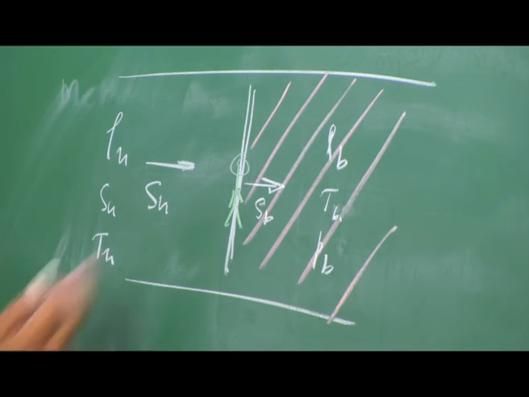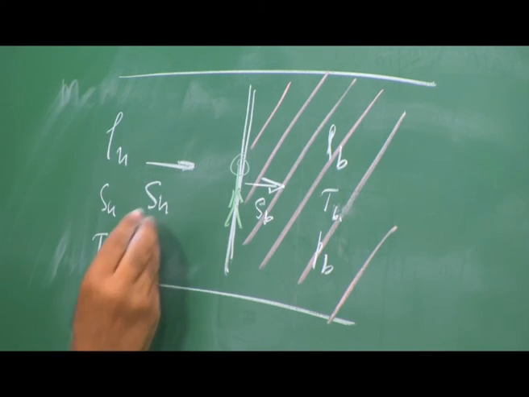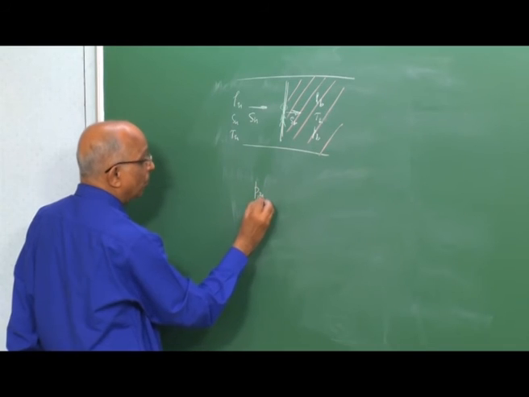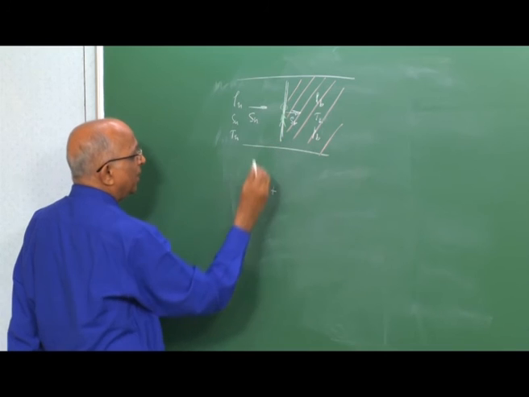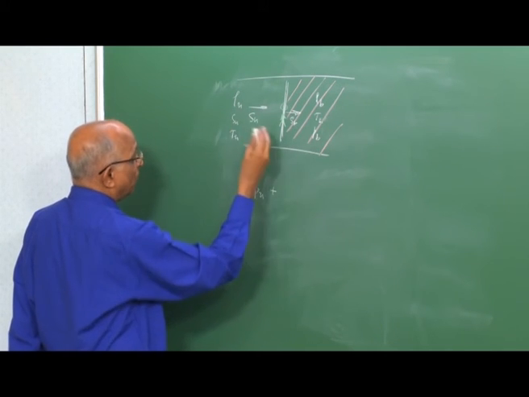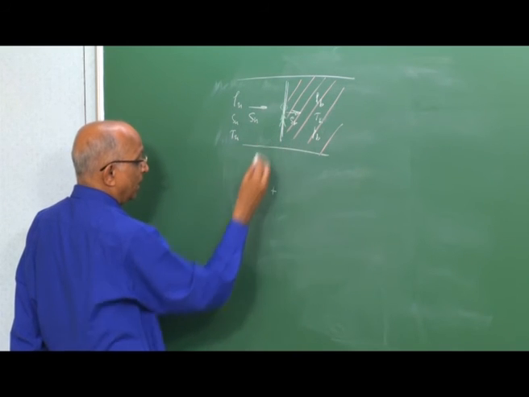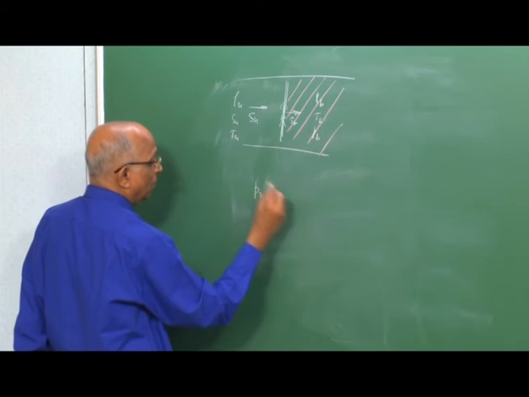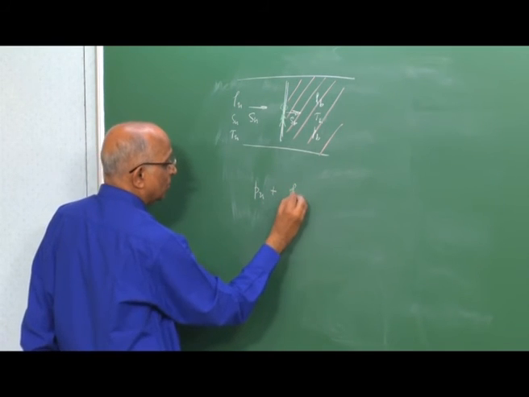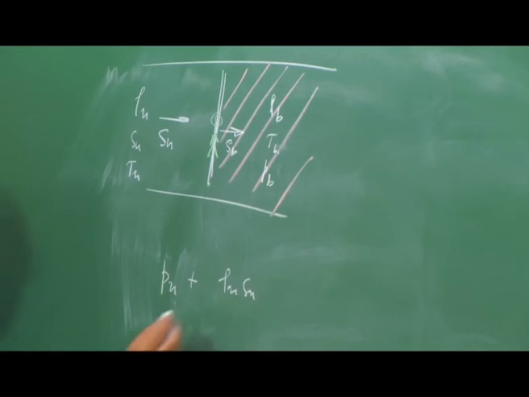If I write the momentum equation, what do I get? I have the pressure upstream, which is Pu, plus the momentum. I am considering unit area, so area into pressure is the force, and I now write the total mass flux, rho u into SU per unit area, into SU, giving rho u SU square.